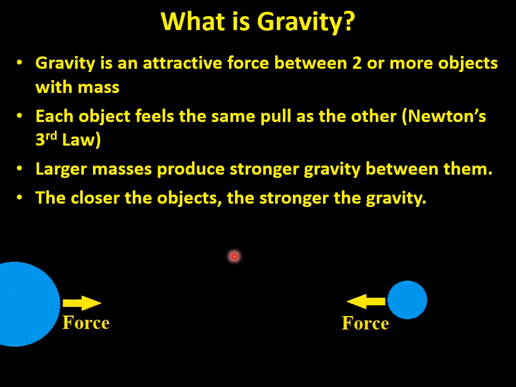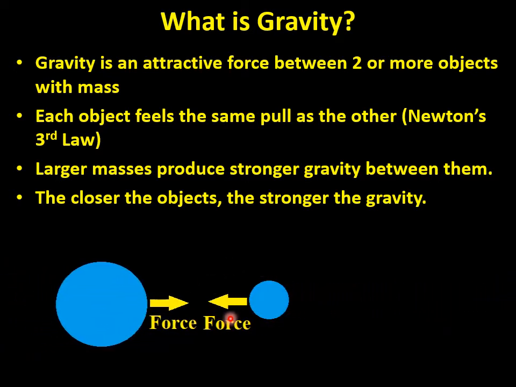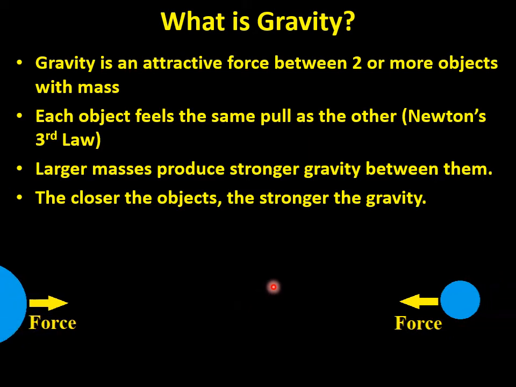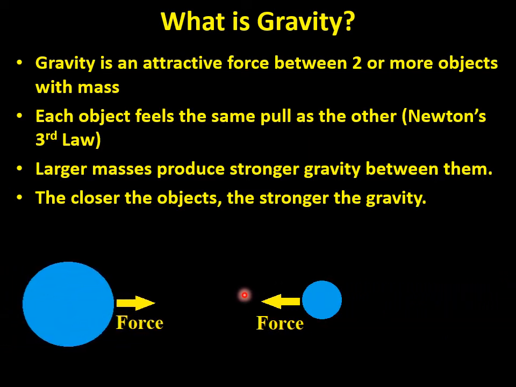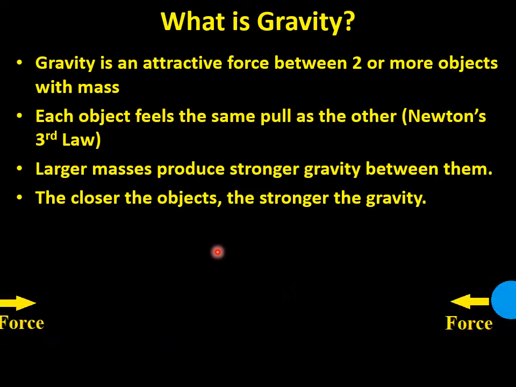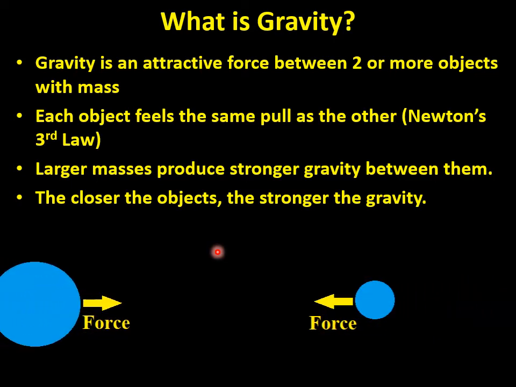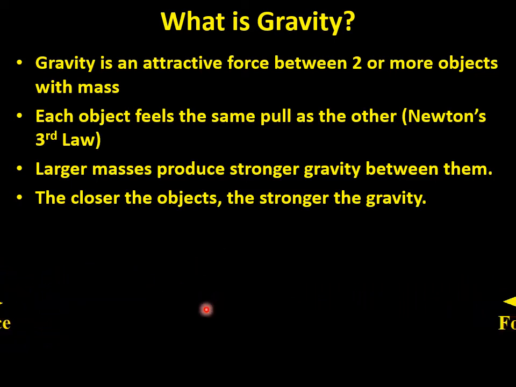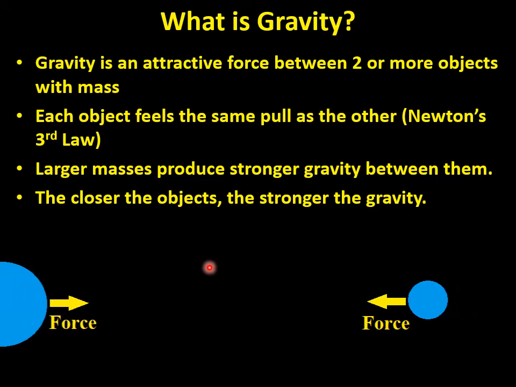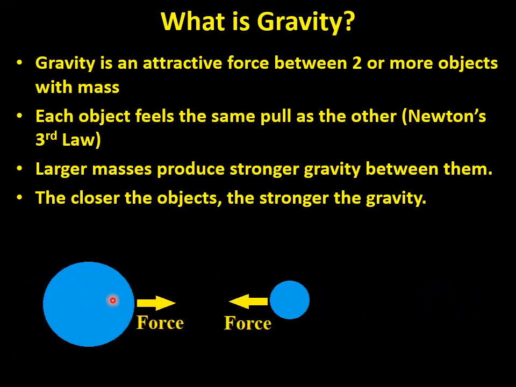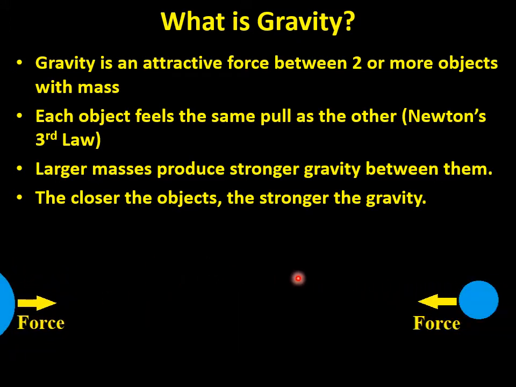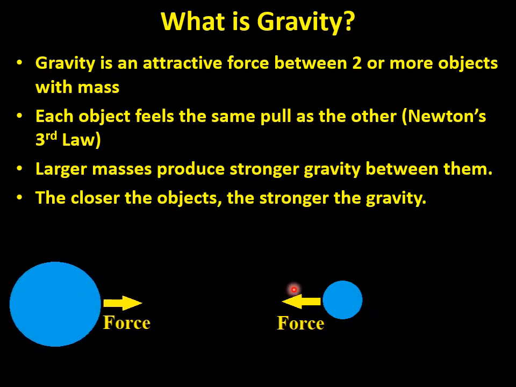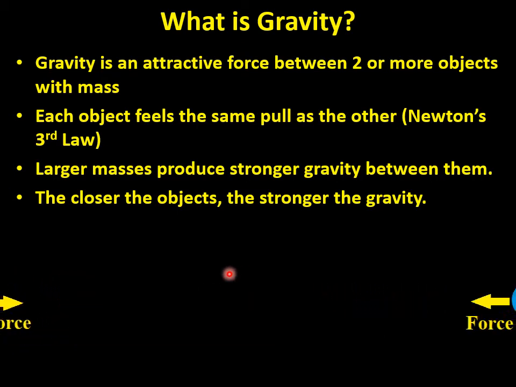Well, what gravity does is it causes an attraction between these objects because of their mass. So each object is feeling a pull towards the other. And the amount of force that each object feels is exactly the same. Even though one object might be much larger than the other, the amount of force attracting them is the same, acting on both objects.